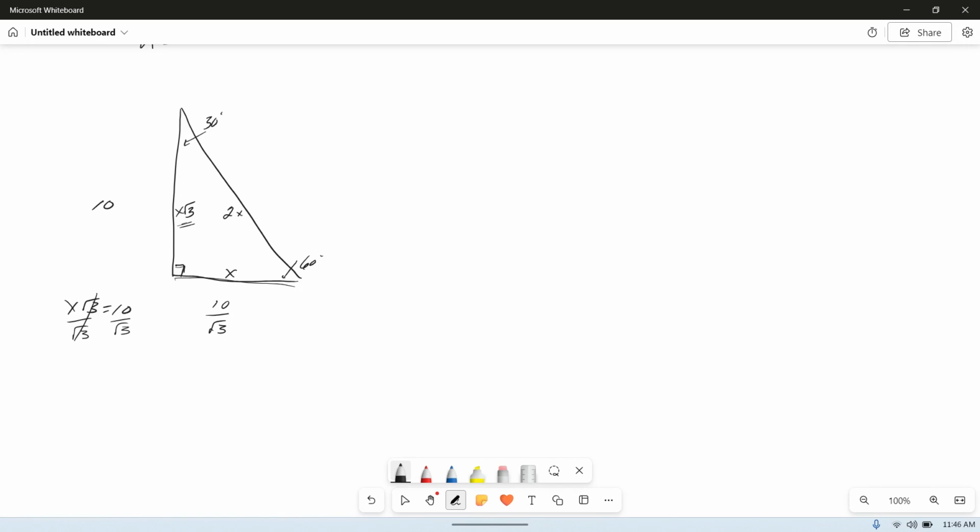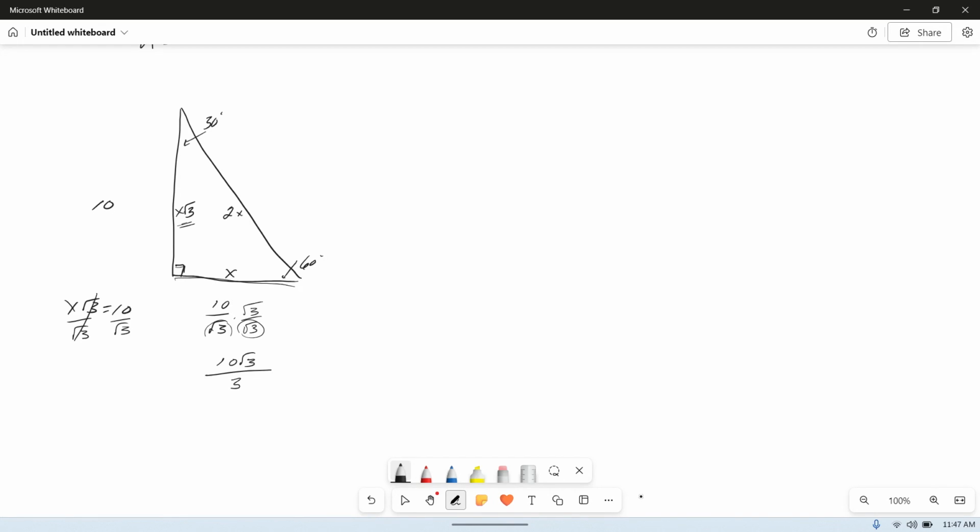There's controversy today. Is it okay if I leave the radical in the denominator? Can I change it? Personally, I have mixed feelings. I'm just going to go through and rationalize my denominator so that that gets reinforced as a skill. That means I really want to multiply the numerator and the denominator both by the square root of 3, because 10 times the square root of 3 gives me a numerator of 10 root 3, but root 3 times root 3 gives me a denominator of 3.